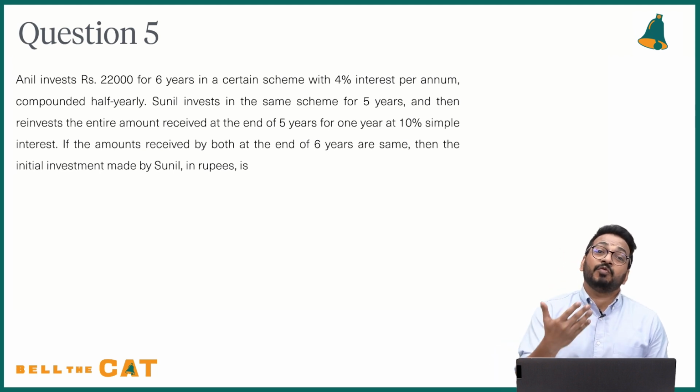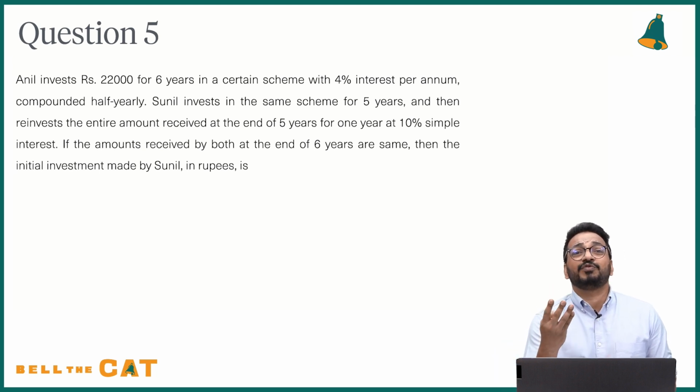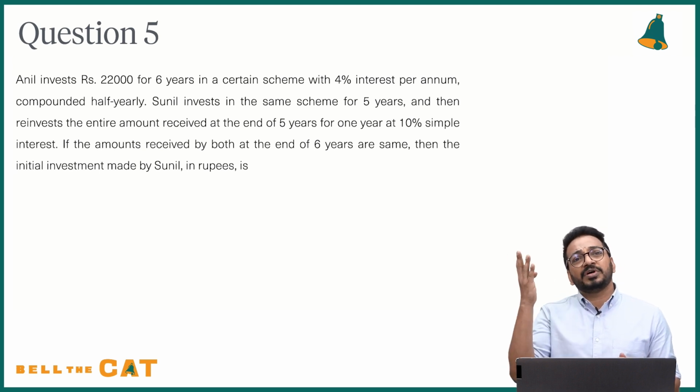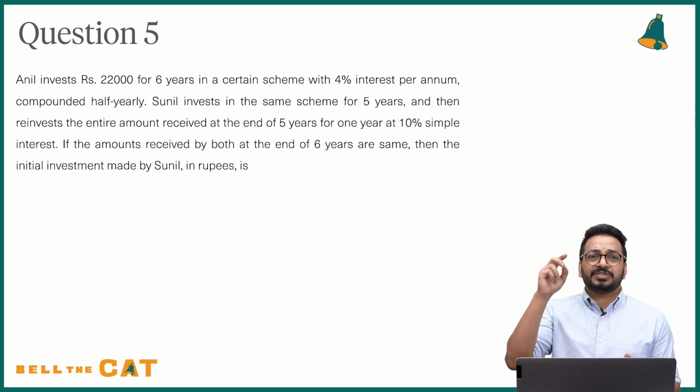If it's compounded quarterly, compounding happens 4 times. So it's fairly simple. So in this problem, what do you know? You have 22,000 rupees for 6 years, compounded half yearly, the interest rate will become 2%, and it's compounded 12 times, because every year has two half years, over 6 years, 12 times.